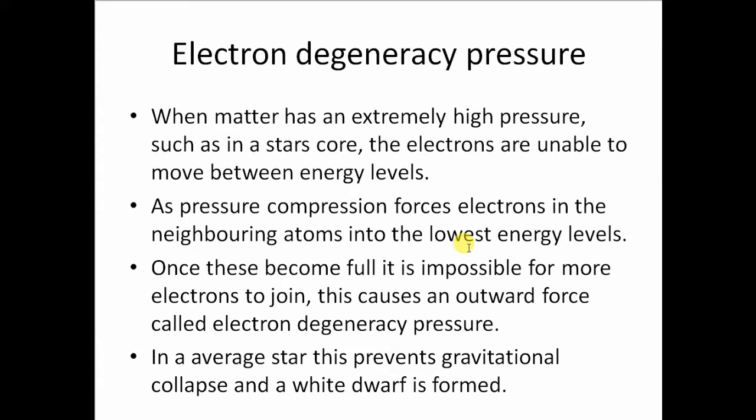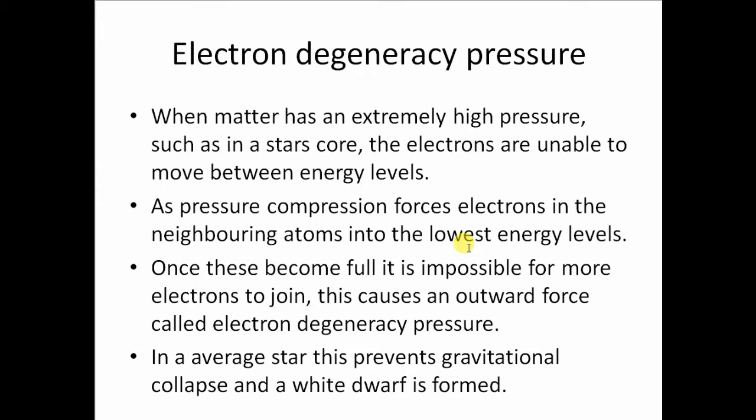When there are no more minimum energy levels for the electrons to fill, this causes an outward force called electron degeneracy pressure, and in an average star, this will stop the gravitational collapse.